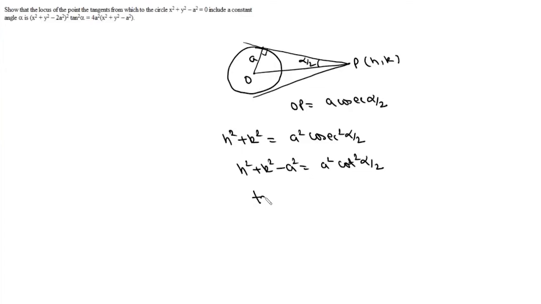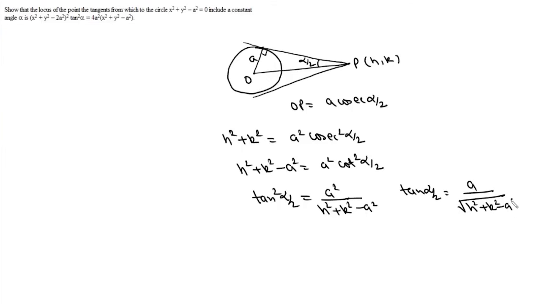Or we can write tan square alpha by 2 as a square upon h square plus k square minus a square, or simply tan alpha by 2 as a upon under root of h square plus k square minus a square.